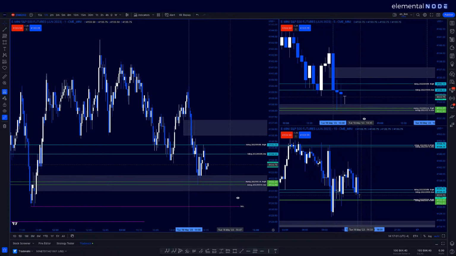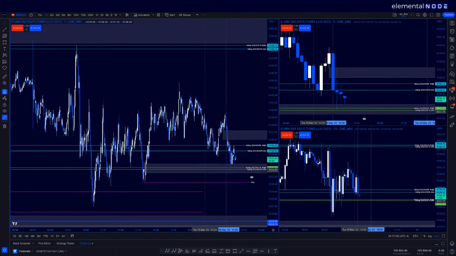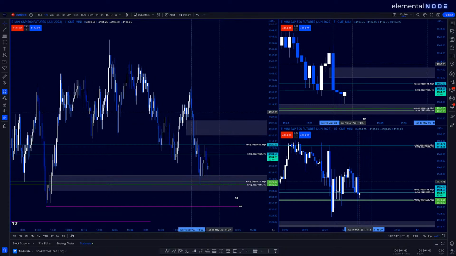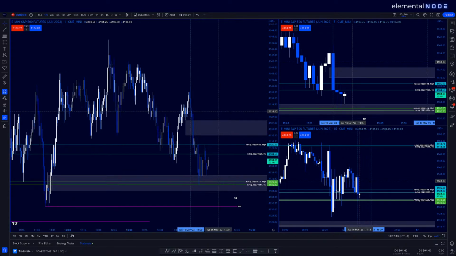Does it want to pierce right through it, take out that sell side liquidity, take out this imbalance here that we have marked up from earlier or previous session, and continue downward? I don't know, but as of right now, not trusting anything.